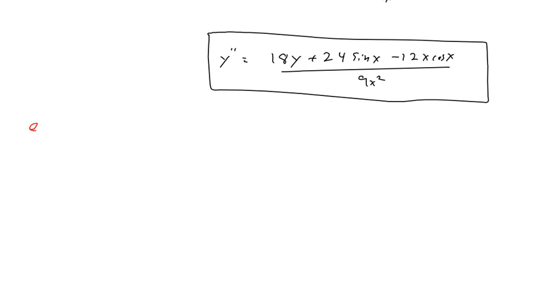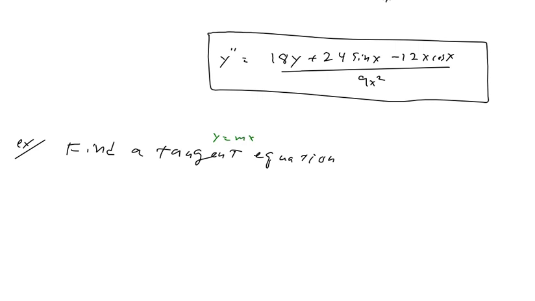Find a tangent equation. This involves only the first derivative: find the slope, find the equation, right? When I say tangent equation, immediately your brain should go to y equals mx plus b.